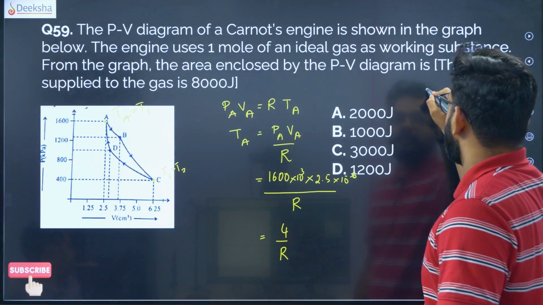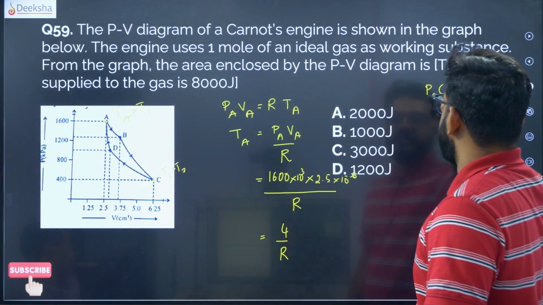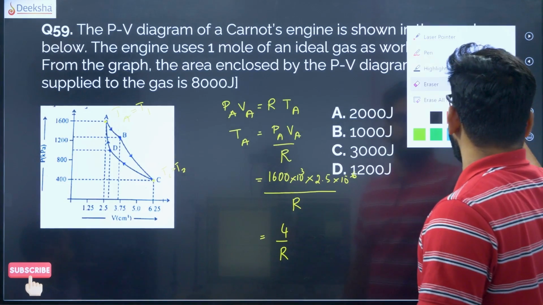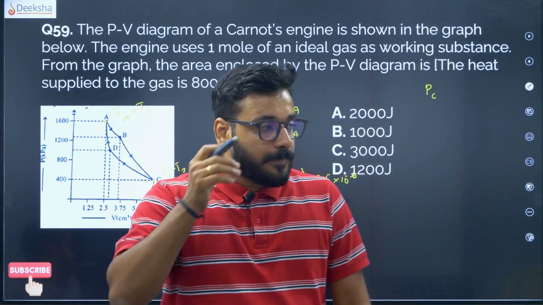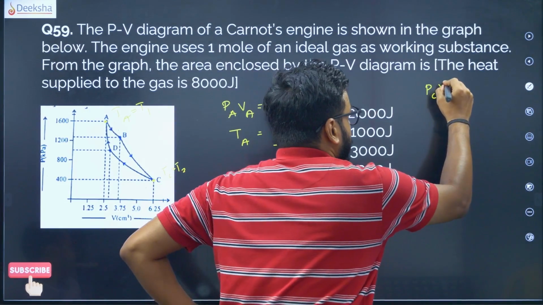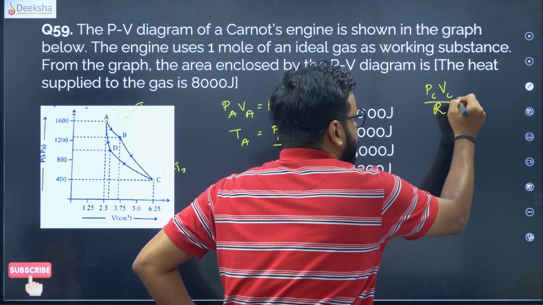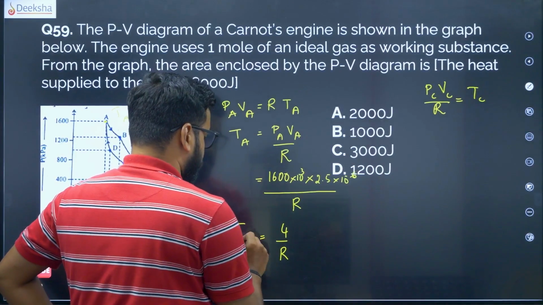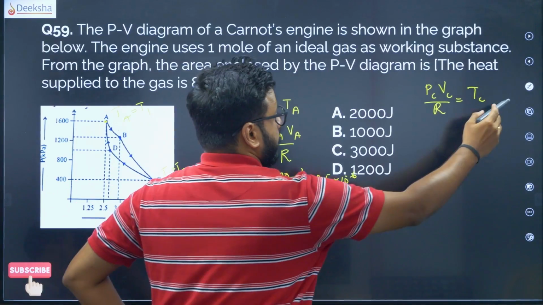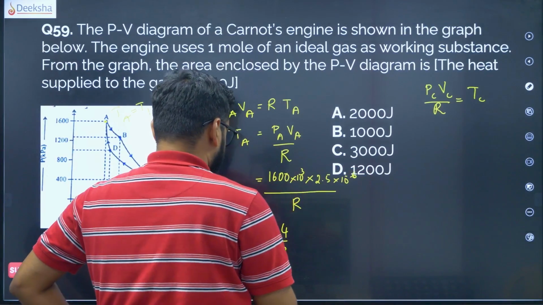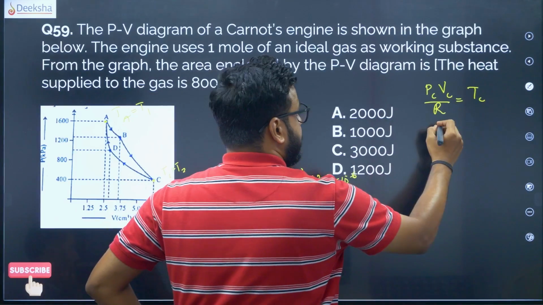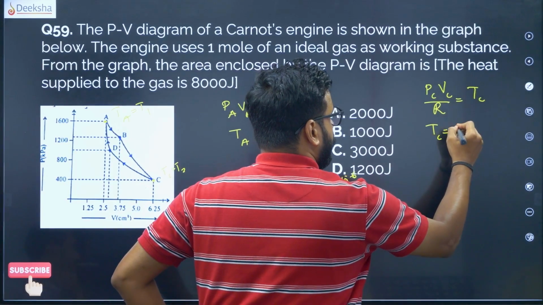PC VC divided by R is equal to TC. This is my T2. TA is nothing but T1, and TC is equal to T2.